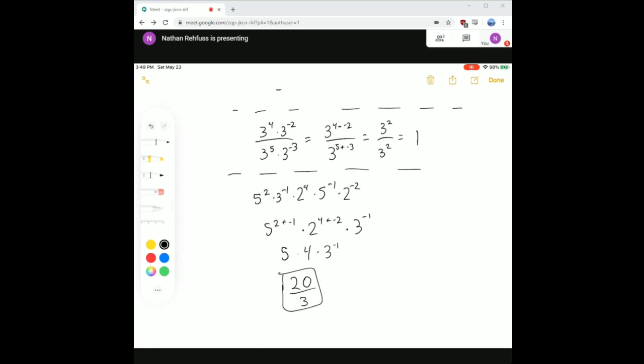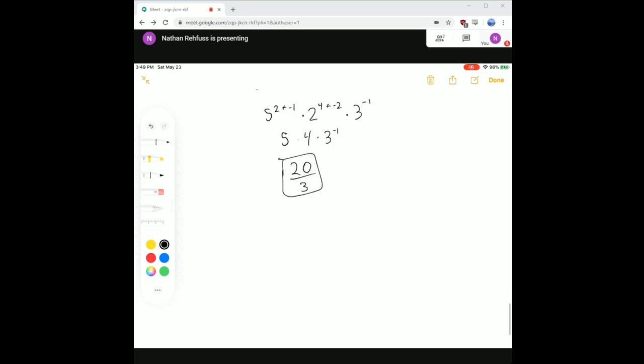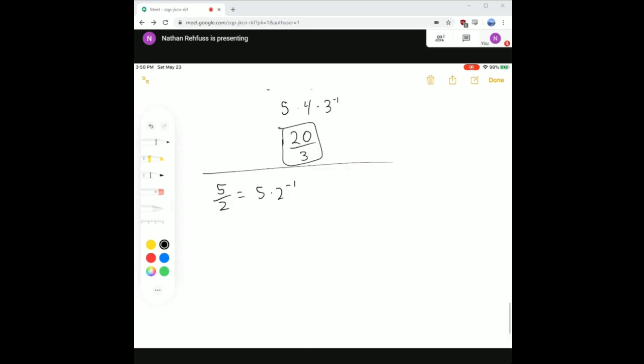In fact, it's really handy to think of fractions as just being a special kind of multiplication. Instead of writing 5 halves, for example, I could write 5 times 2 to the negative 1. Why would I ever want that? Take a look at this expression.